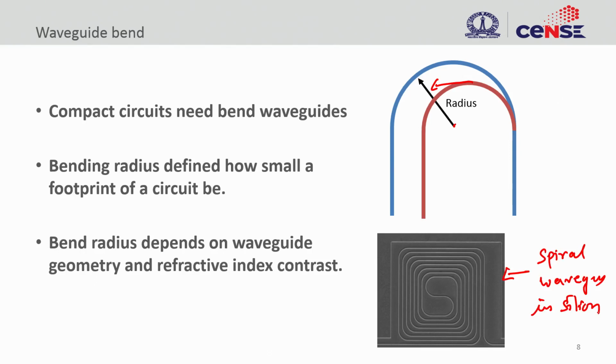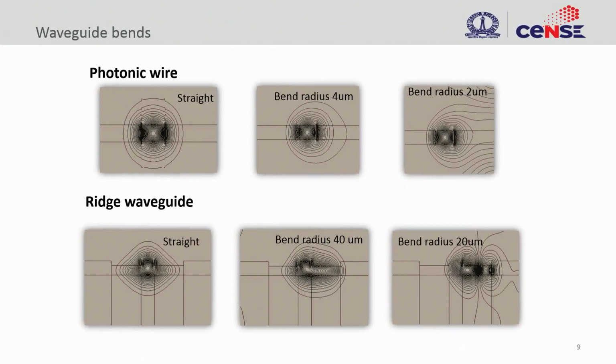This is something that we have done, and you can see the light propagate through this spiral, go in, and then come out. So, you can make these light guiding waveguides very compact and bent as well. This is the implication of having a bend.